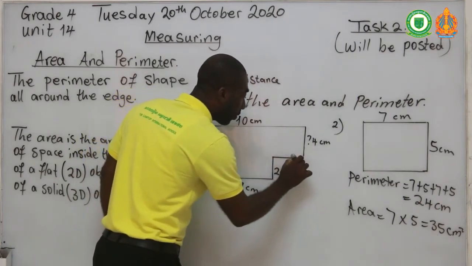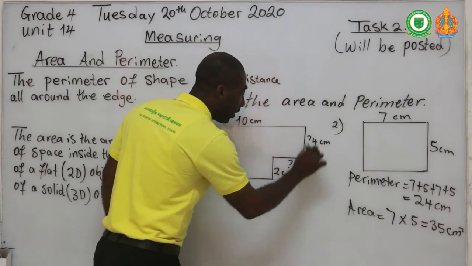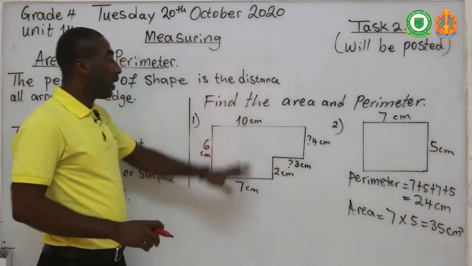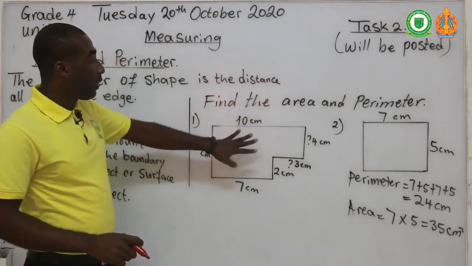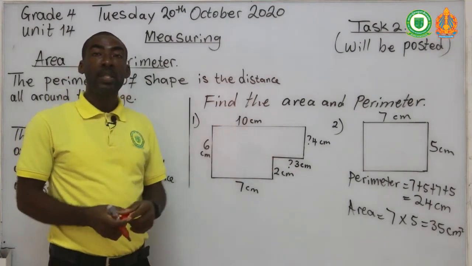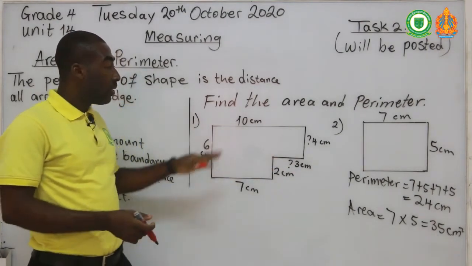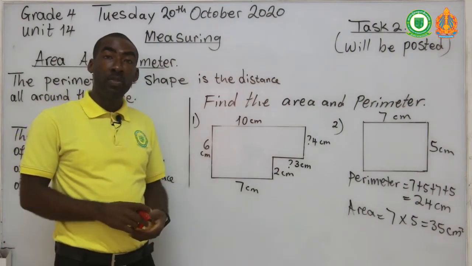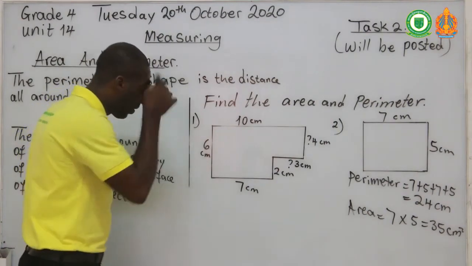So here is also going to be 3 centimeters. Now, per what we have done, we can easily see all the length of the areas. So it will be very easy for us to look for the perimeter, okay?